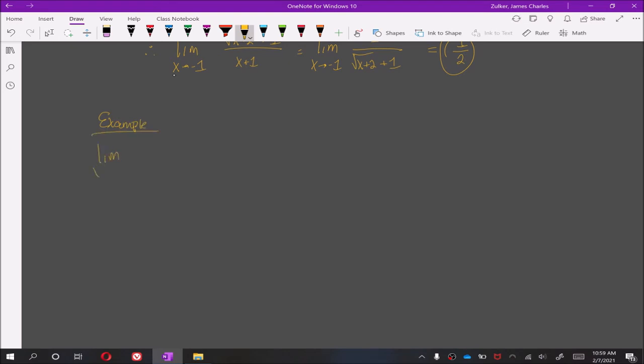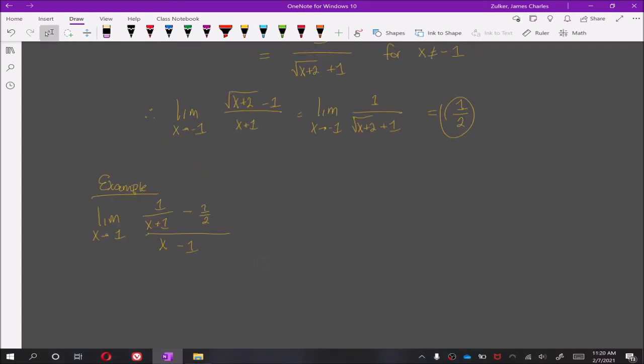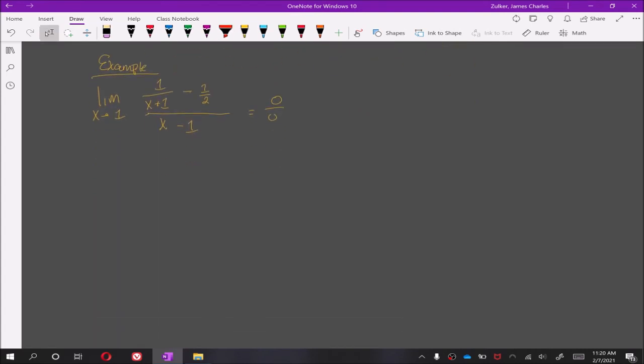Let's look at this limit. Now again, if we just plug in x equals 1, you'll find we get 0 over 0. So let's go ahead and simplify this function.